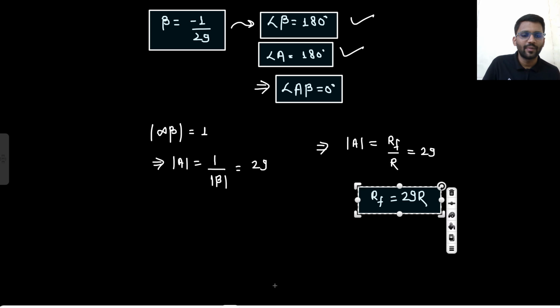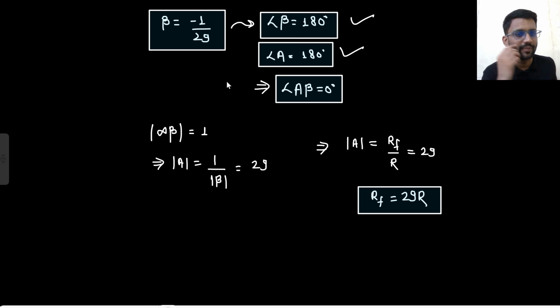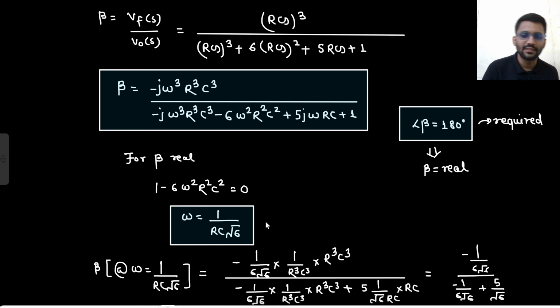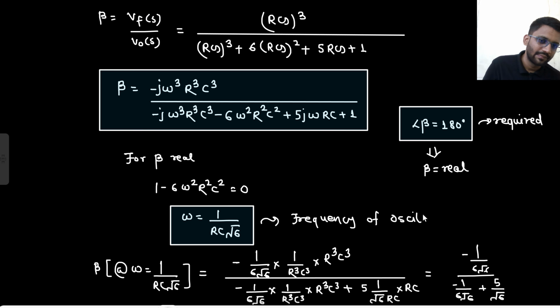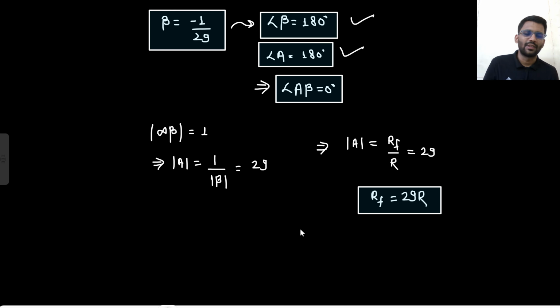So the only thing you need to remember is that beta is minus 1 by 29, and the other thing is the frequency of oscillations. So what is our frequency of oscillations here? That is 1 by root 6 into RC.